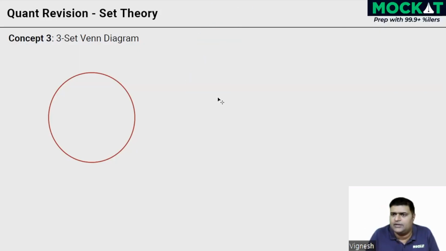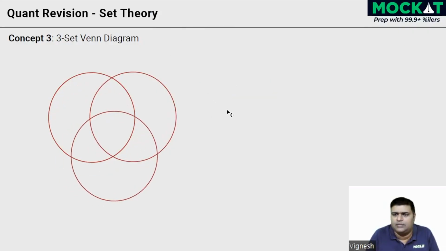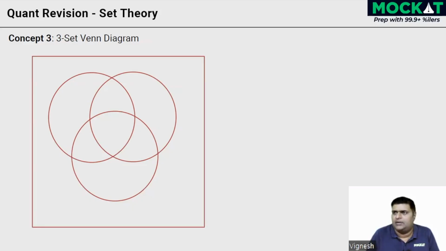Let me just move that to the right a bit. And I get the third one, move it to the bottom, okay? Now, so we have a 3-set Venn diagram. Typically, we also use a rectangle over here to just close it up. And let's make the observations over here.